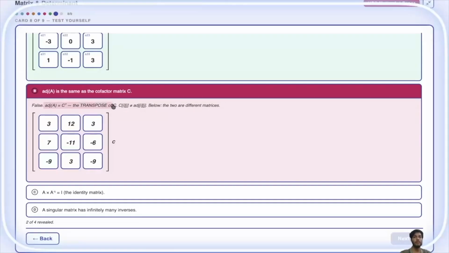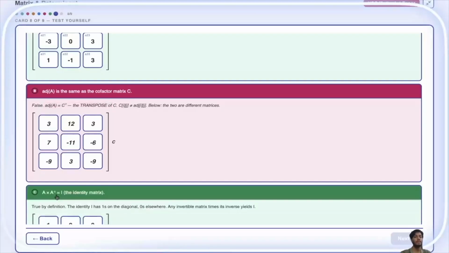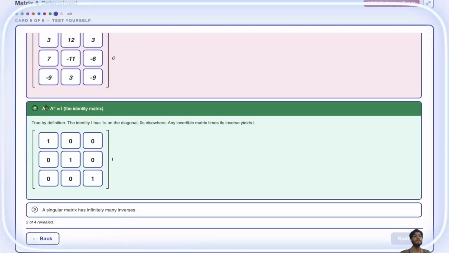We already saw that. Then inverse matrix and matrix, if the multiplication comes with an identity matrix, you can see here a matrix multiplied by its inverse matrix gives an identity matrix of the same order. Same order means the row number will be the same, the column number will be the same.